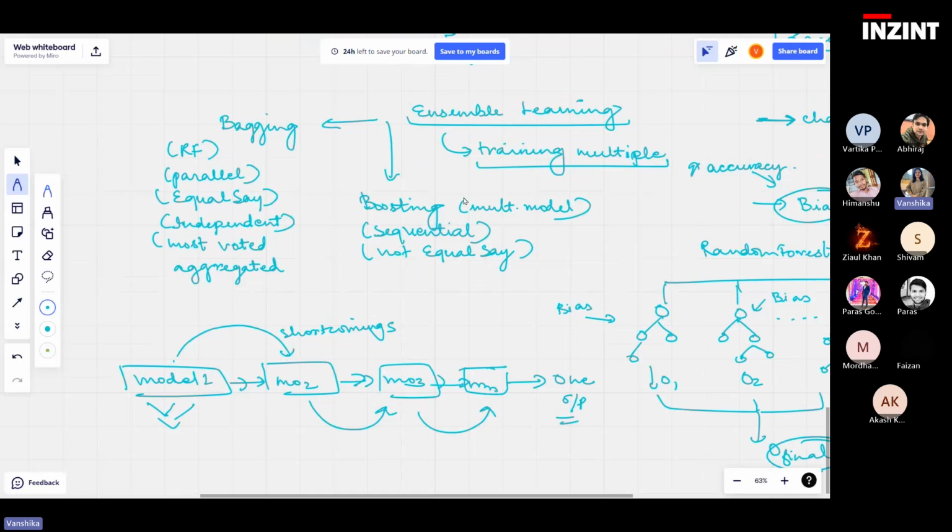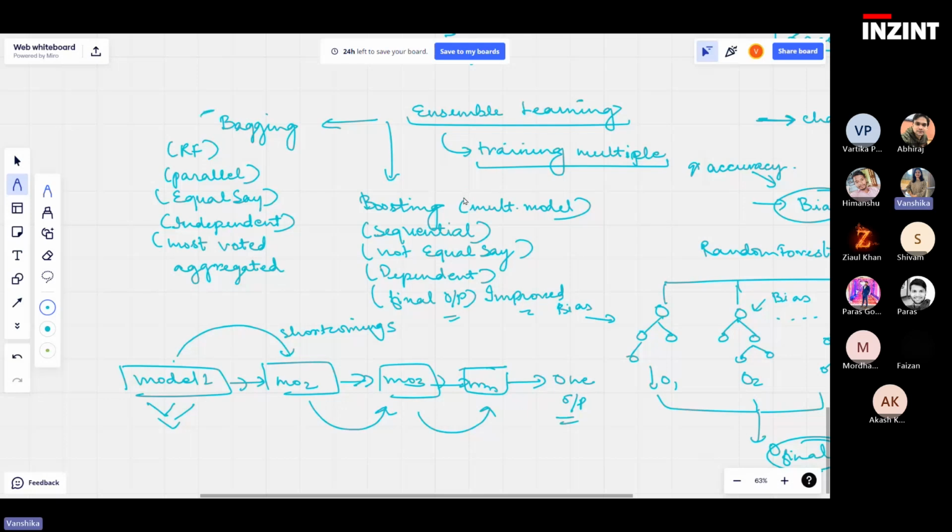And since we are treating them in sequence, we cannot say that these models are independent. They are dependent. One model is learning from the mistakes of the previous model, and here we get the final output. This output is not aggregated. This is improved over the training.